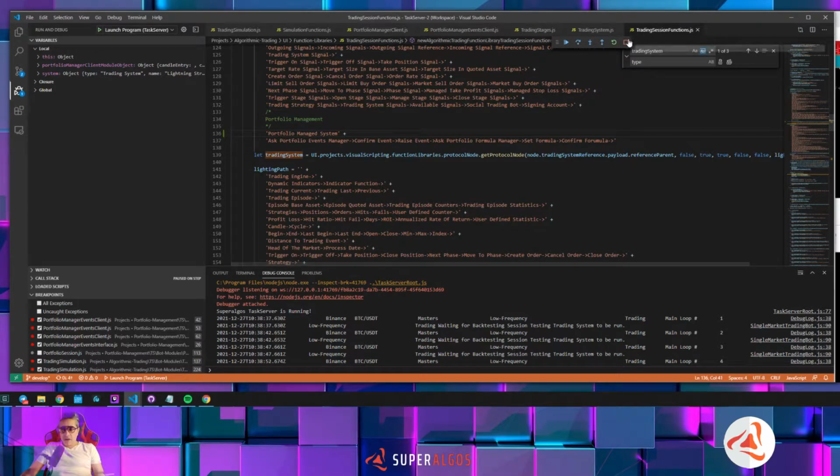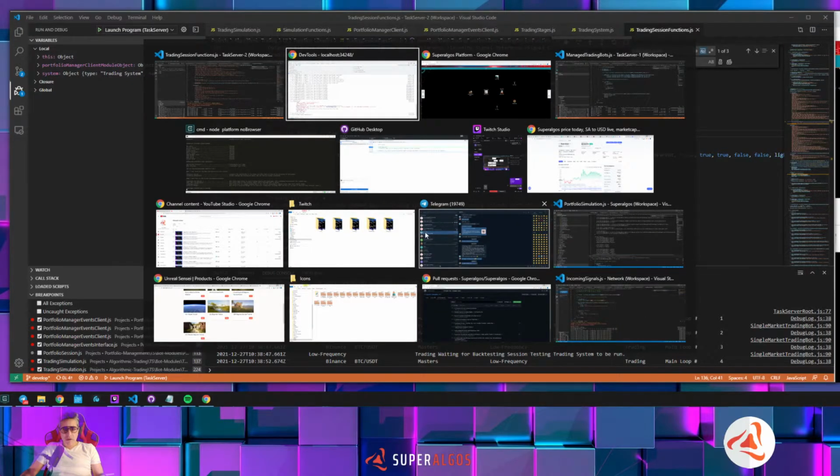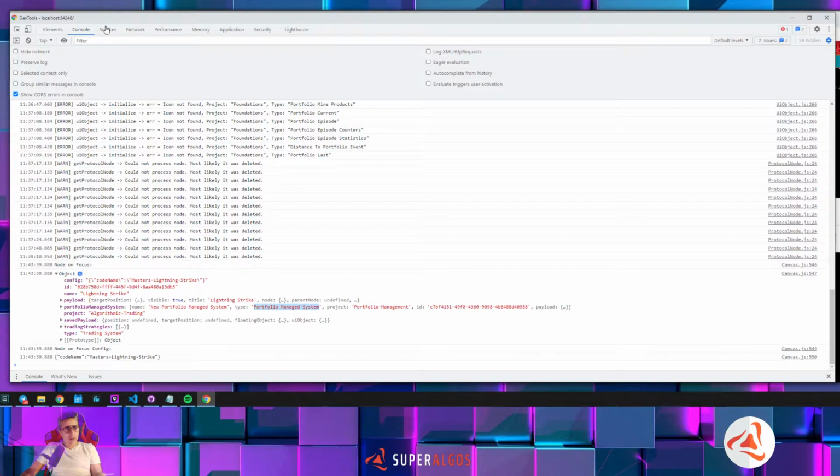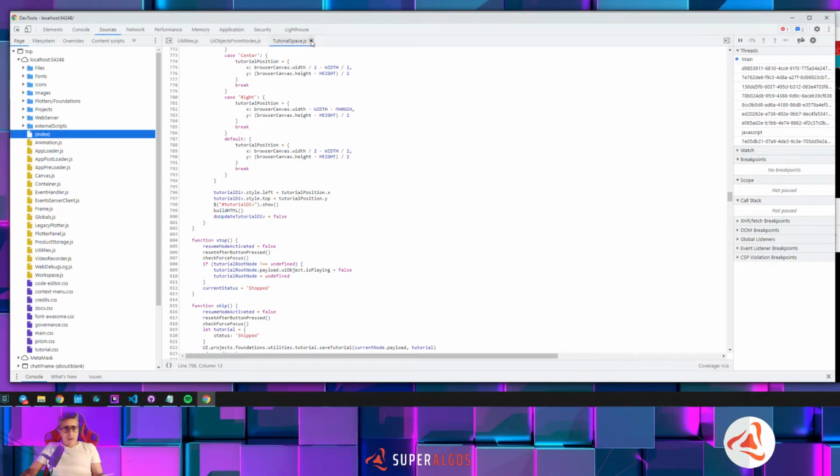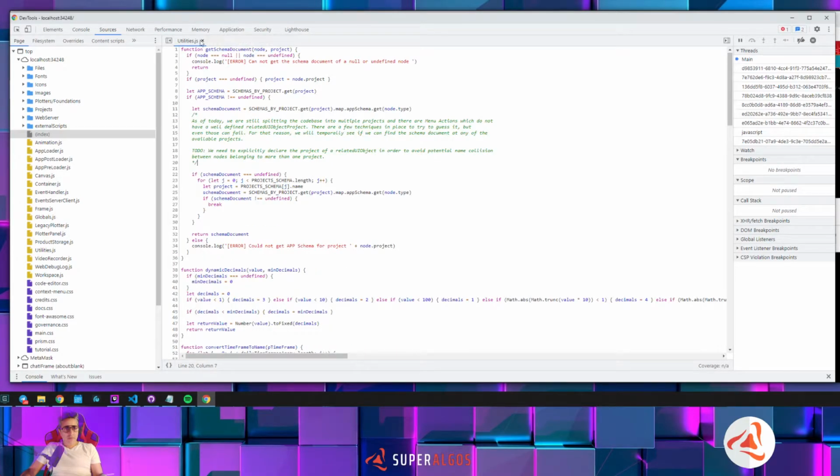Okay, the only thing I can think of is reloading the user interface. Or even without reloading, I'm going to debug that stuff. So we are talking about the algorithmic trading project.